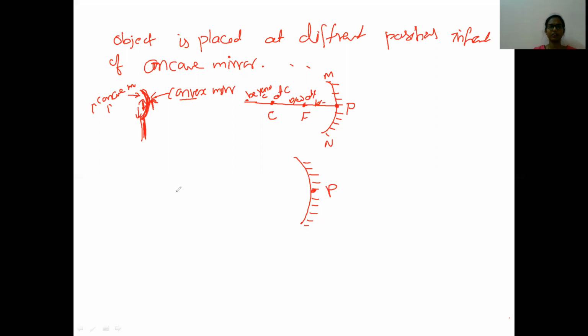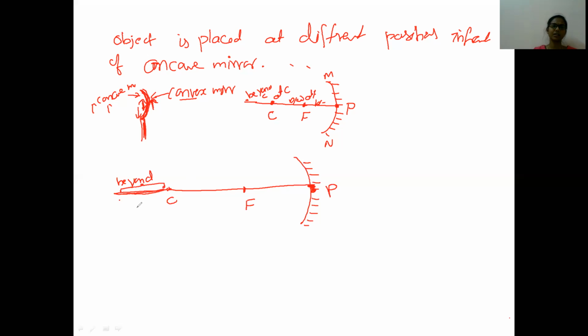Let us draw this clearly. This is the principal axis, which passes from the center of curvature to the pole, and somewhere in between lies the focus. Case one is the object behind C, on this side, anywhere from here to here.